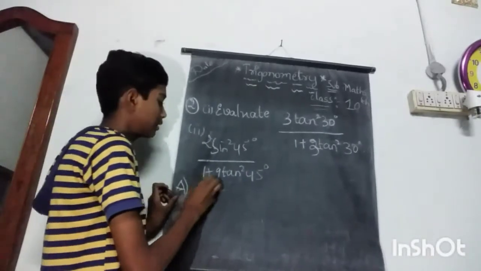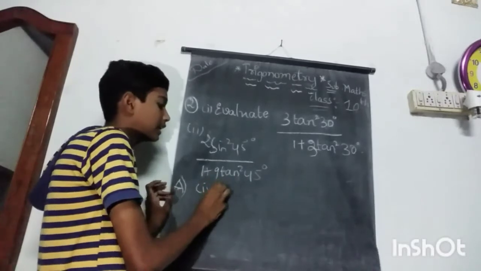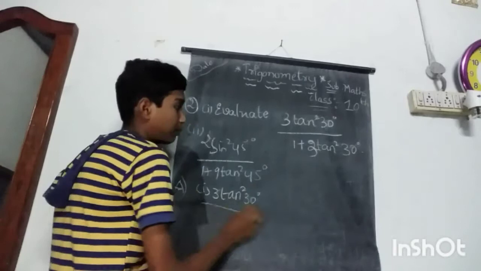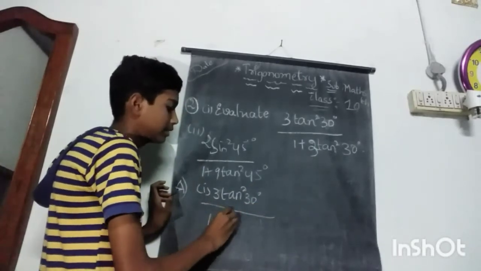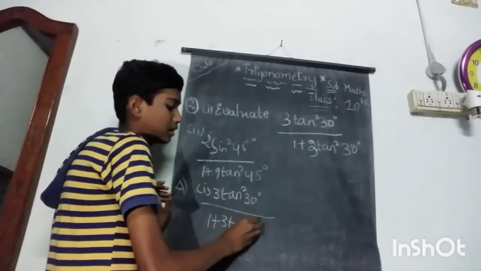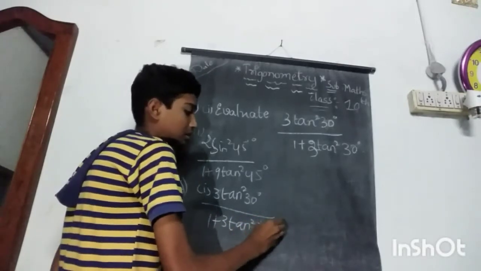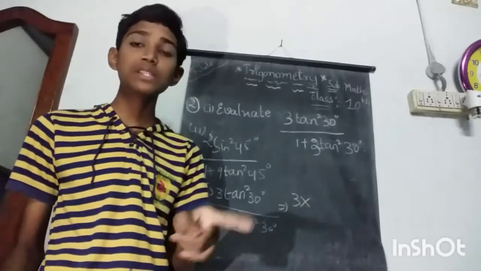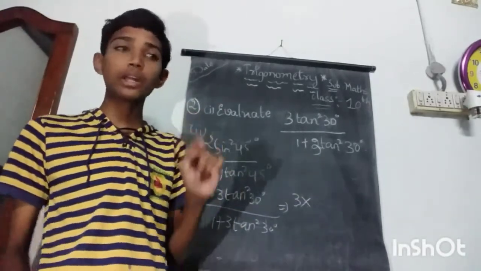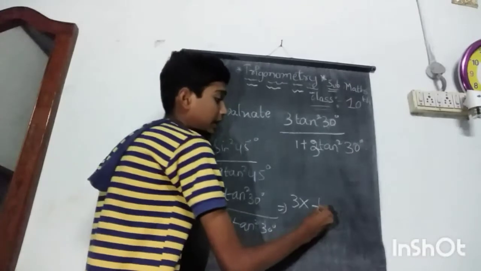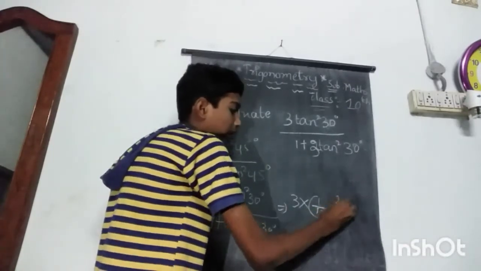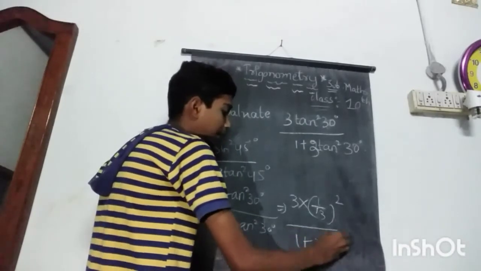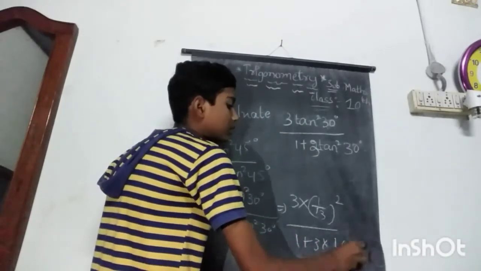Substitute it. 3 tan square 30 degrees upon 1 plus 3 tan square 30 degrees. That implies 3 into tan square 30 degrees, that means 3 into (1 by root 3) whole square, upon 1 plus 3 into (1 by root 3) whole square.